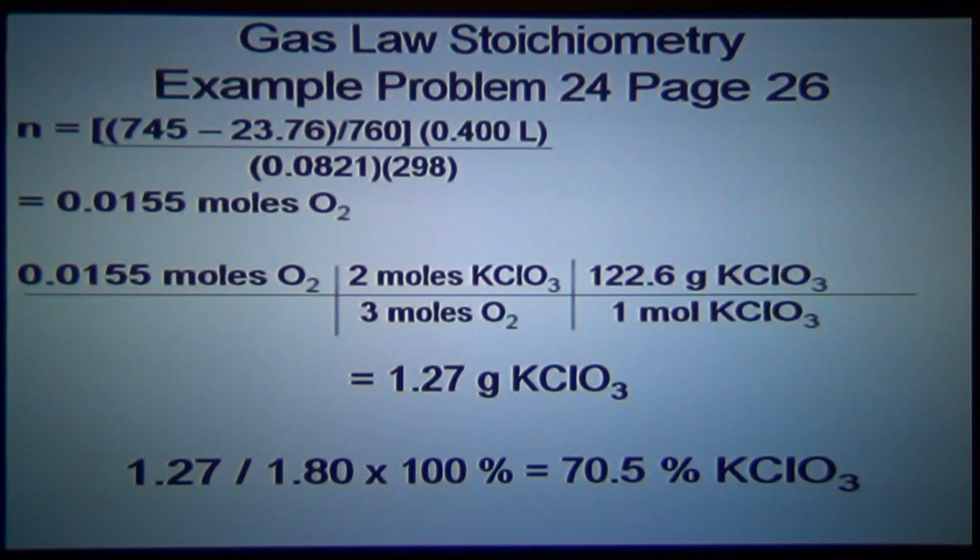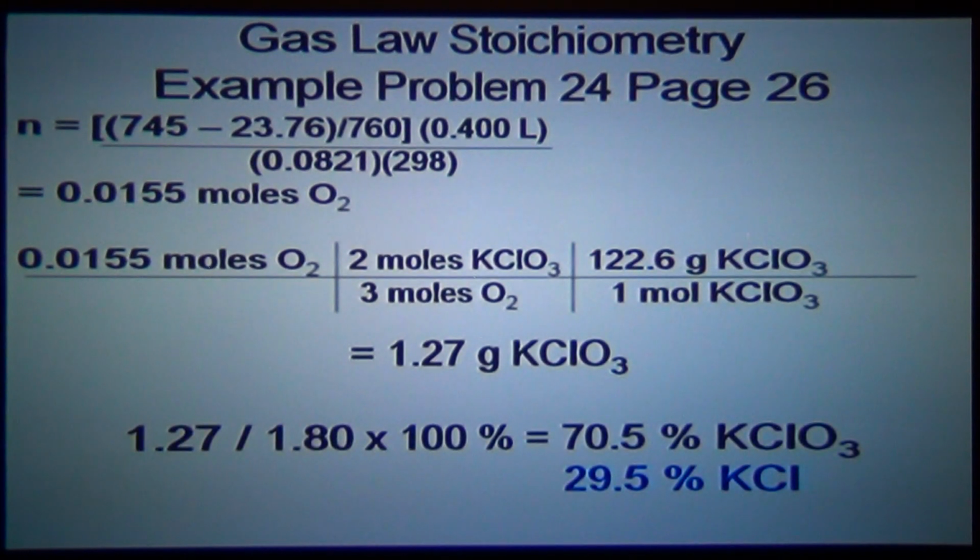And now if you simply subtract that from 100, because there were two components, the potassium chlorate and the potassium chloride, we can now see that the potassium chloride made up 29.5%. And once again, all I did is simply subtract that from 100, because there were only two components to that mixture.